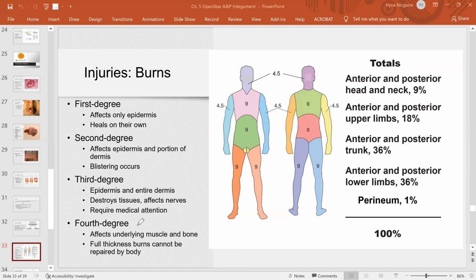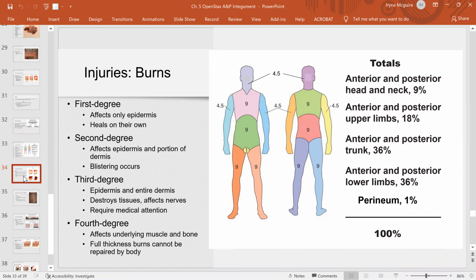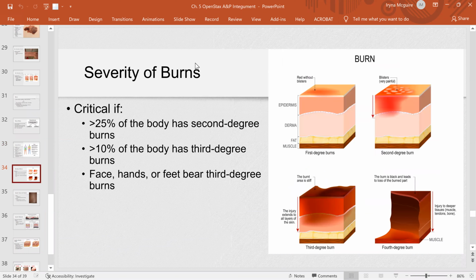And the fourth degree affects underlying muscles and bone. Full thickness burns cannot be repaired by the body and require medical attention, and it's of course an emergency. Okay. So how critical are burns?